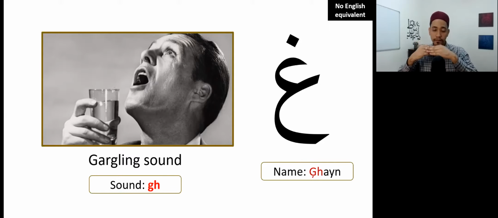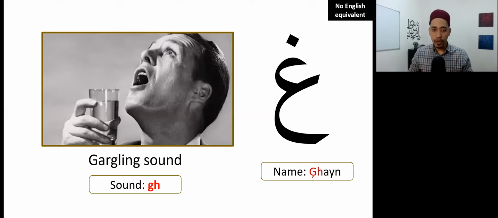The kha is also the throat, but more inside the mouth. So going inward, you first have the kha, then the ghain at the back. The ghain is deeper in. So to practice this sound, one more time, it is a gargling sound.